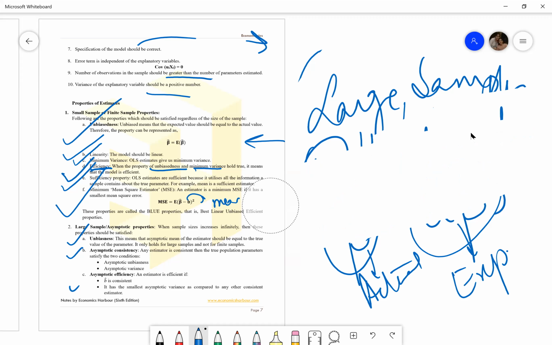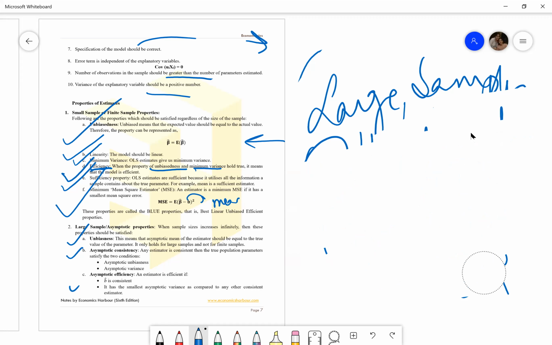And now we have another term, that is consistency. In case of consistency, if you have an asymptotic unbiasedness and asymptotic variance, it is not changing the properties of your model.